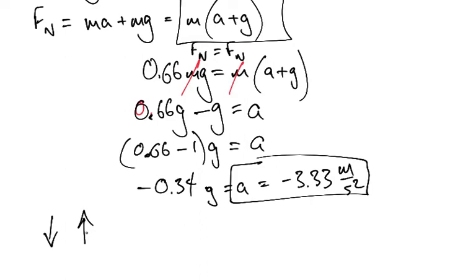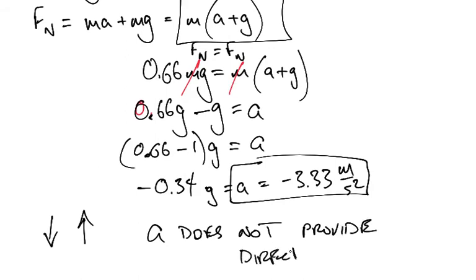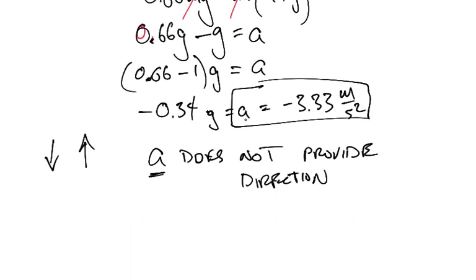And why this confuses people is because acceleration does not provide direction. In other words, acceleration does have direction, but it doesn't tell you which direction something is moving. The only thing that tells you which direction something is moving is the velocity.